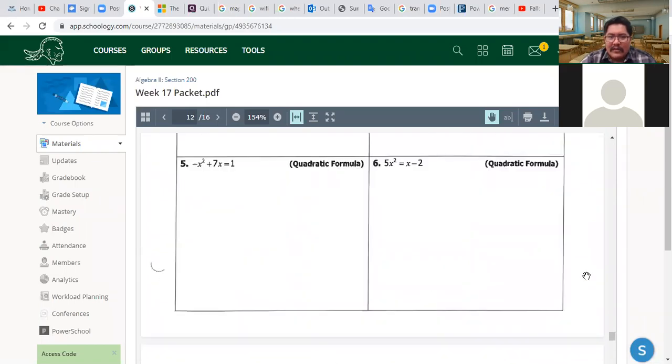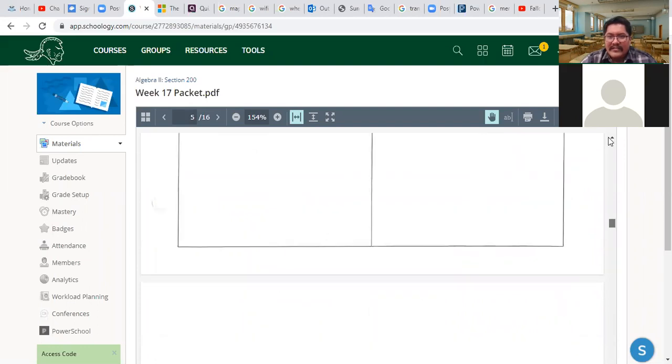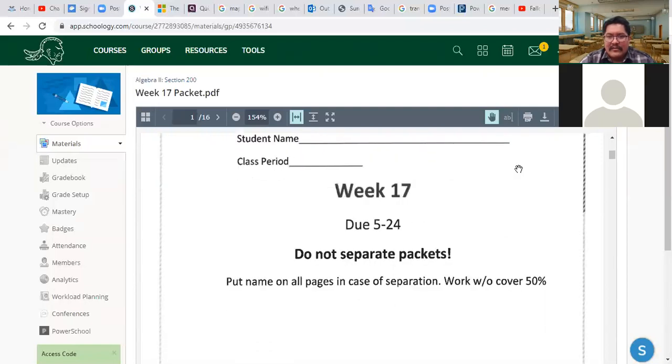I was just missing one day for attendance reasons. If you turn in an assignment, then the attendance is counted for that day. So that is week 17. And I'm hoping that you'll turn it in on 5/24, which is Monday, because these do take a little bit of time to grade.